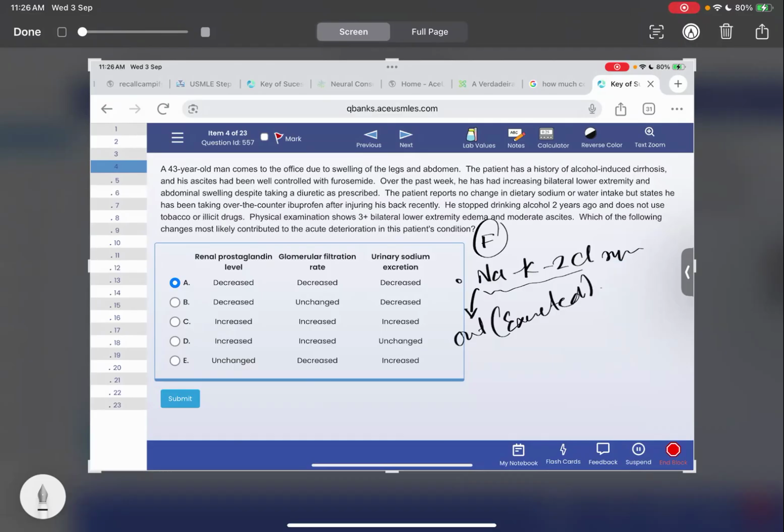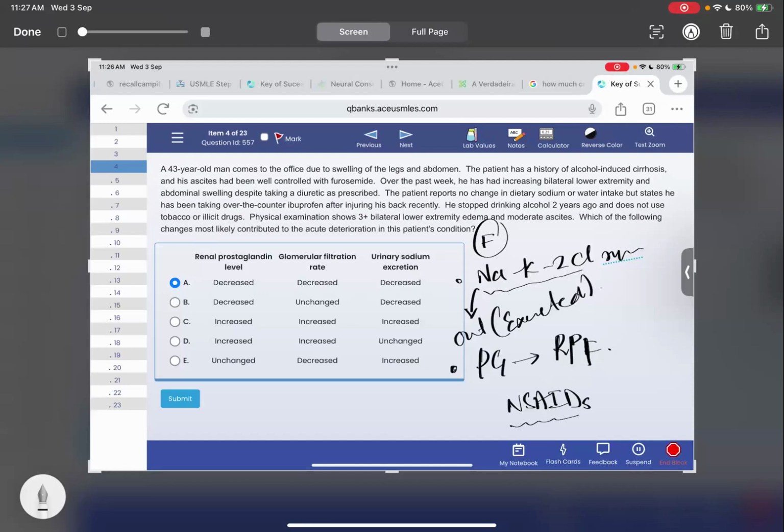The second function is that it stimulates prostaglandins. These prostaglandins increase renal plasma flow. So what do NSAIDs do? You have to be very attentive at this point.